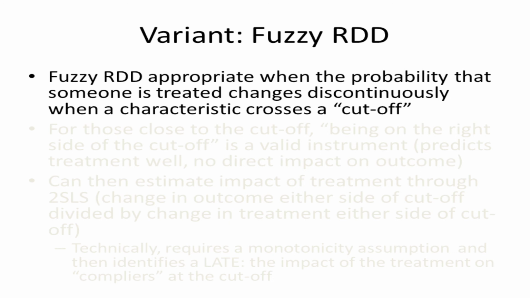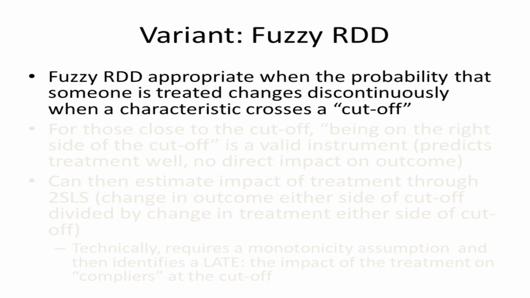For example, to take my children in school example, a child born in September who is age 4 will not be in state-funded school in England, but their parents have the right to take them to a private school. So being born either side of the discontinuity is not a perfect predictor of whether you're in school, but it's going to be a good predictor.